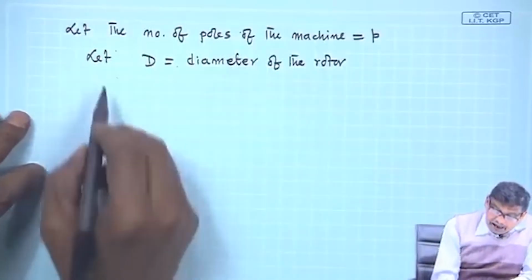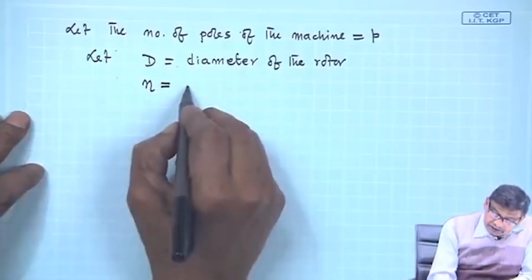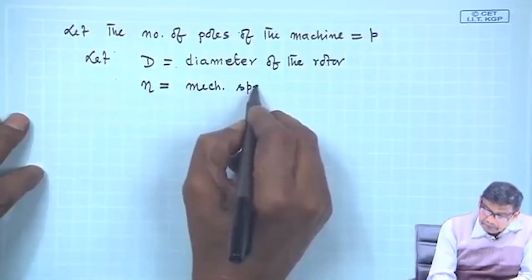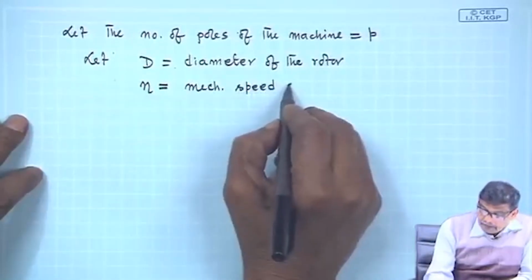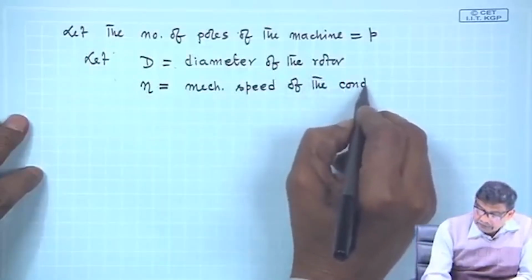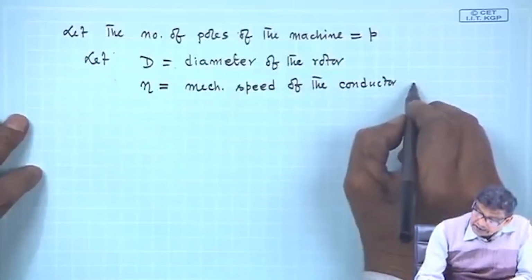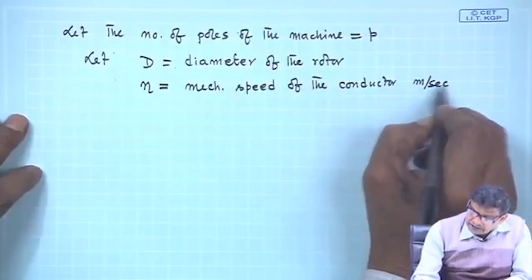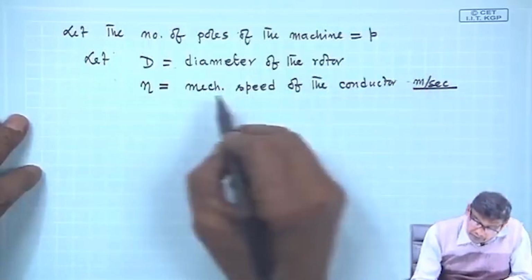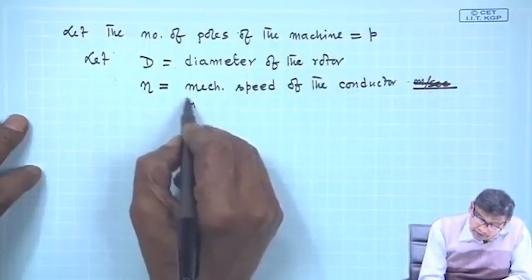And let small n be the mechanical speed of the conductor, in RPS.